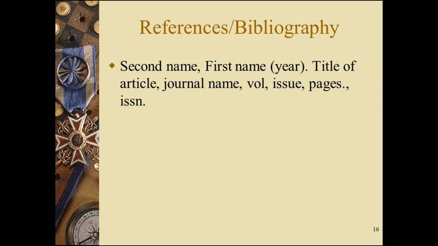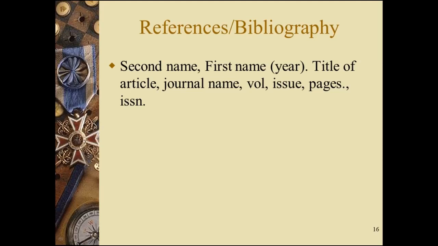This number is given to the journals which are registered. Whereas in case of a book, it will be called ISBN, International Standard Book Number. So ISSN or ISBN has to be mentioned.